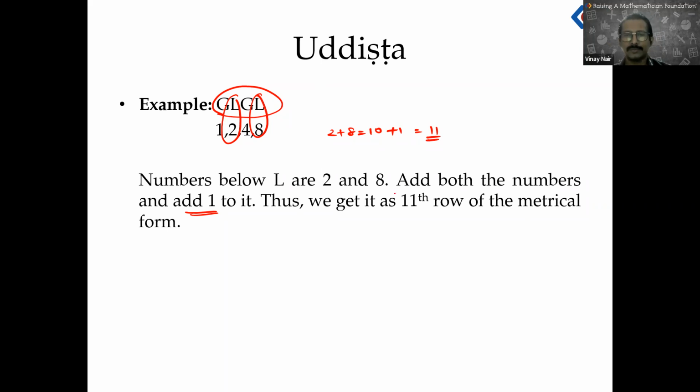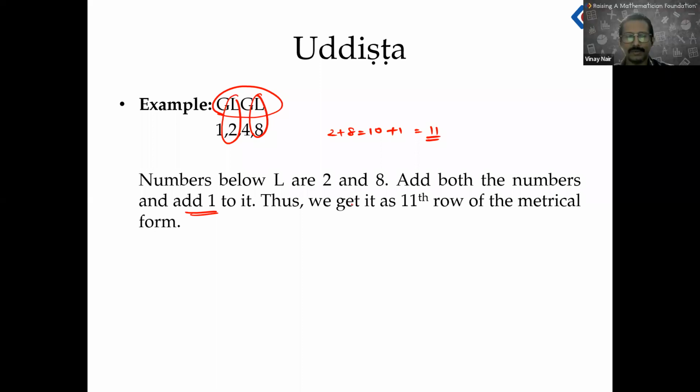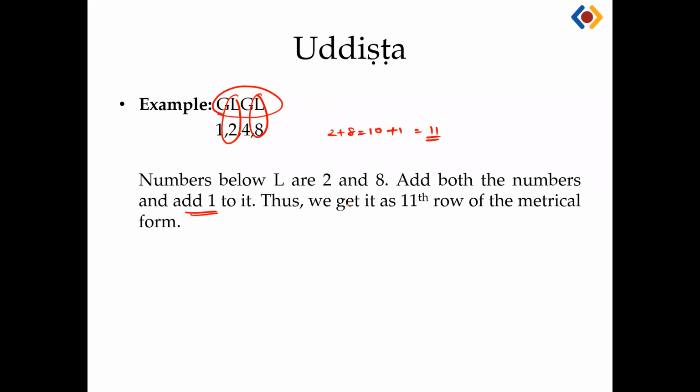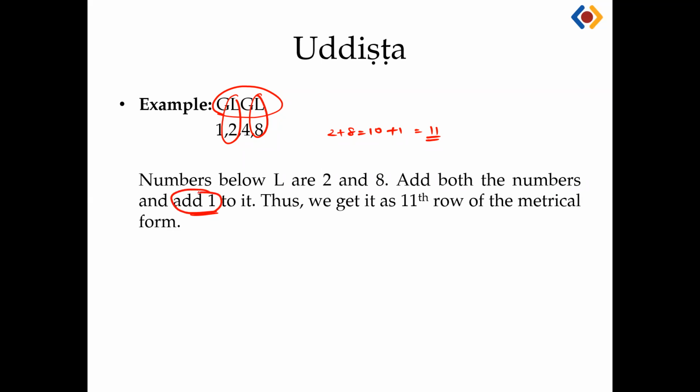Devanand. Sir, in this case, we added up 2 and 8 since it. Wait. Are you asking a question or you want to give the answer? Sir, doubt, sir. Yes. Go ahead. Sir, here we are adding 2 and 8 since it is below L. But why are we adding 1? Is it since it is written below the 1?